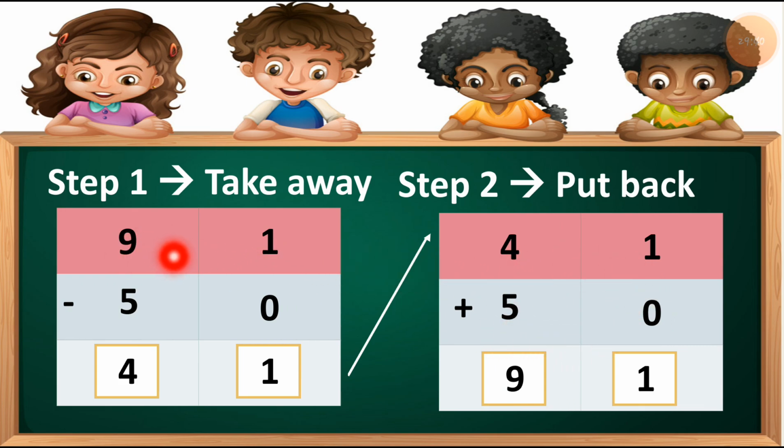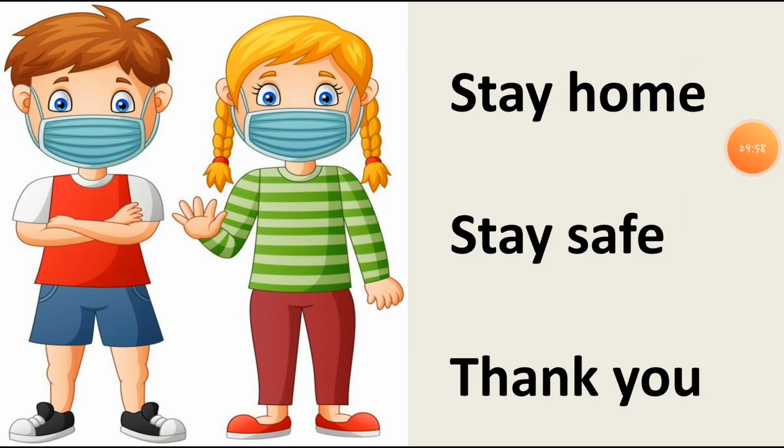If we add 50 to the answer of the subtraction, we get the same answer as this. So our subtraction is right. We can check through the addition. So this way we can check the sum, students.